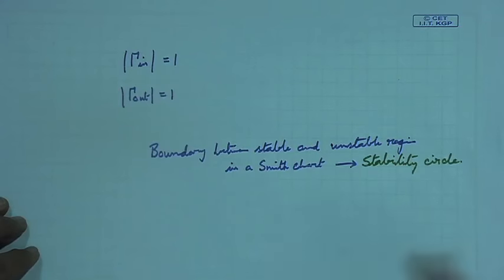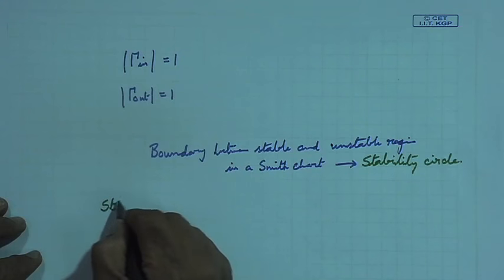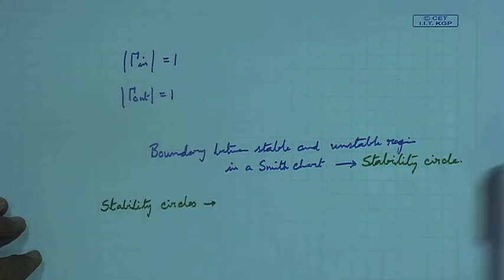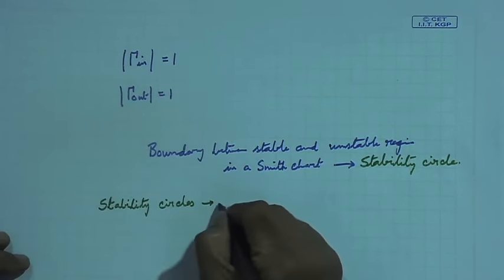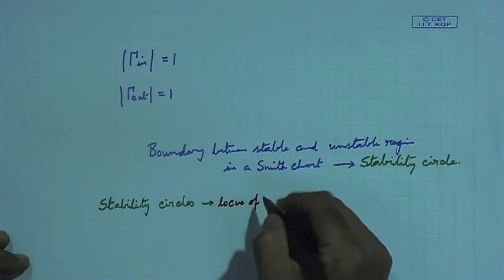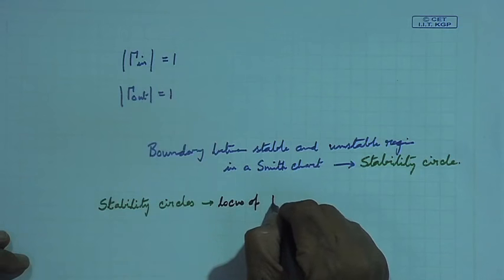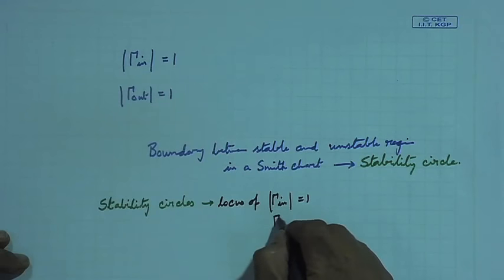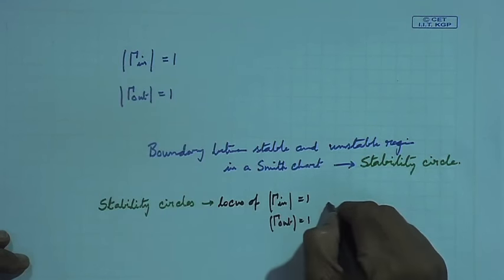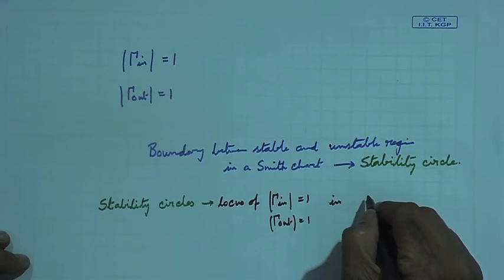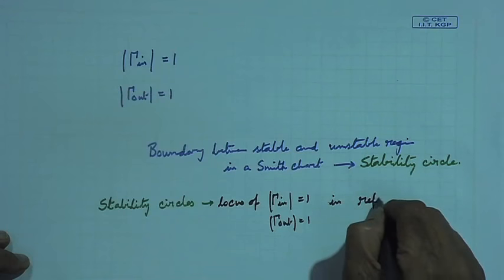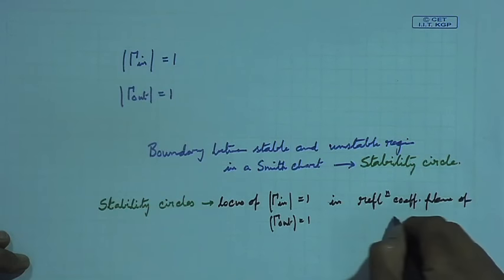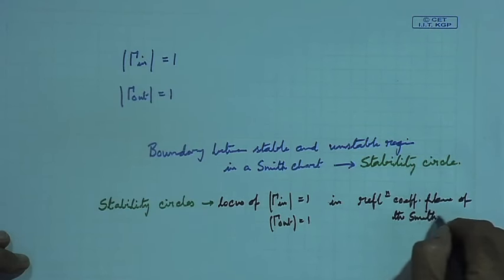So, in the reflection coefficient plane we can say that stability circles are nothing but the locus of the magnitude of gamma in equal to 1 or gamma out equal to 1 in the reflection coefficient plane of the Smith chart.